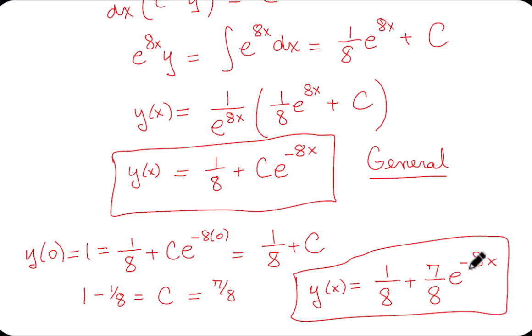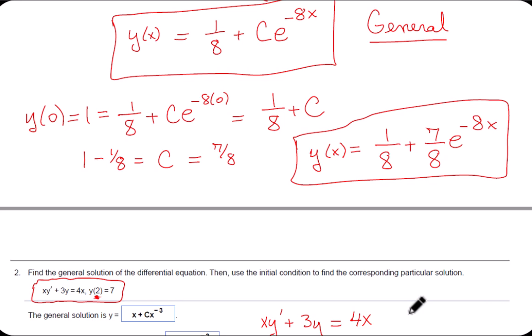If you plug that into our problem, you'll see this particular format. What could I say about this format? If I look at the limit as x goes to infinity, this item will decay to 0, which means our y of x is going to be leveling off to 1/8.